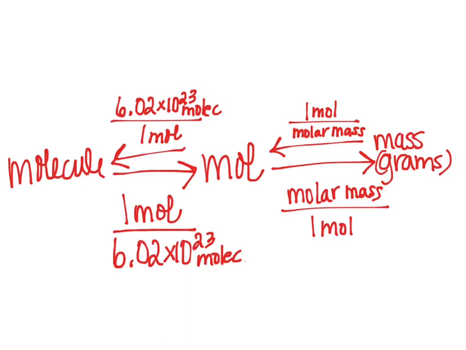The molar mass is like 15, and it always has to be 15 over 1 mole, not 15 over Avogadro's number. Okay, let's do the steps and then see.